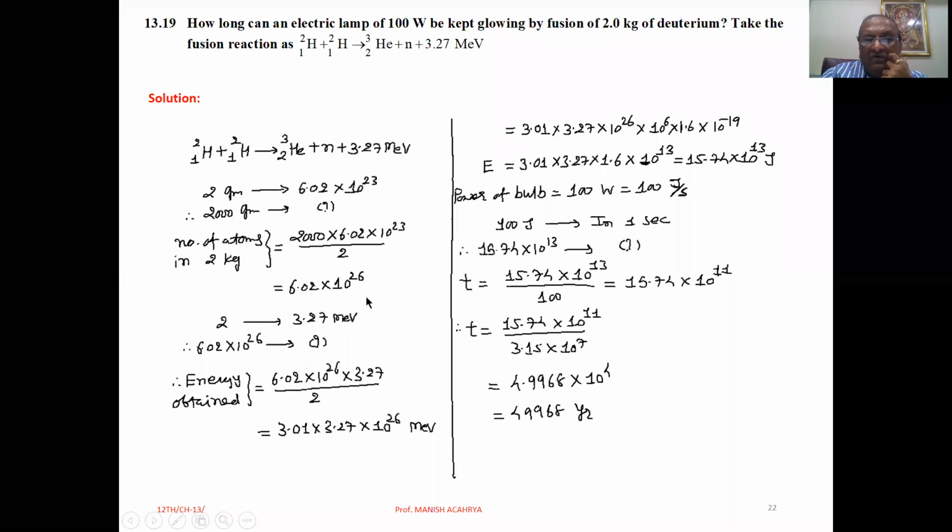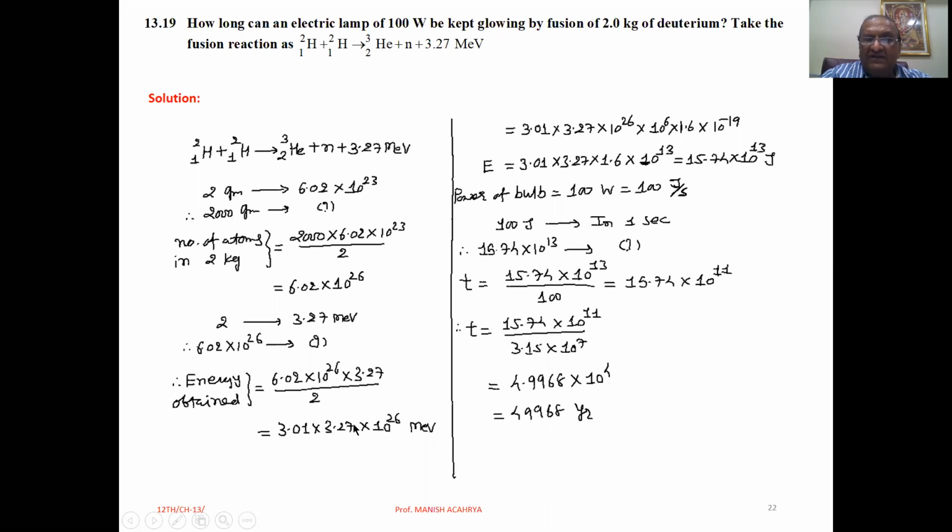Now this is the number of atoms in 2 kilogram. When 2 atoms are fused, we get energy 3.27 MeV. So when 6.02 × 10^26 atoms fuse, the energy obtained is 6.02 × 10^26 × 3.27 by 2.